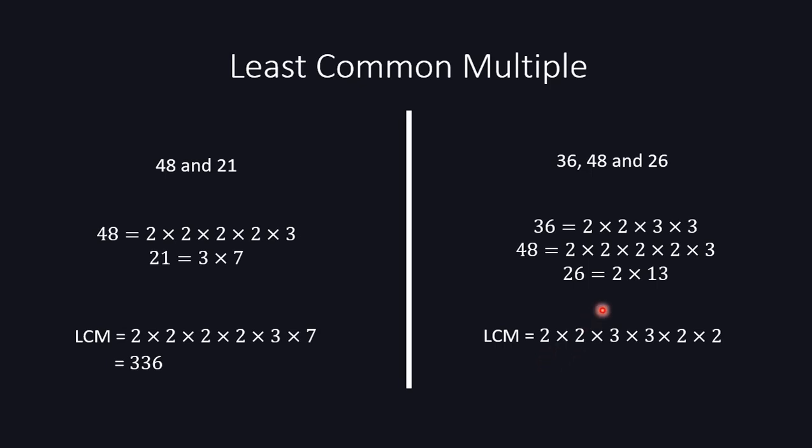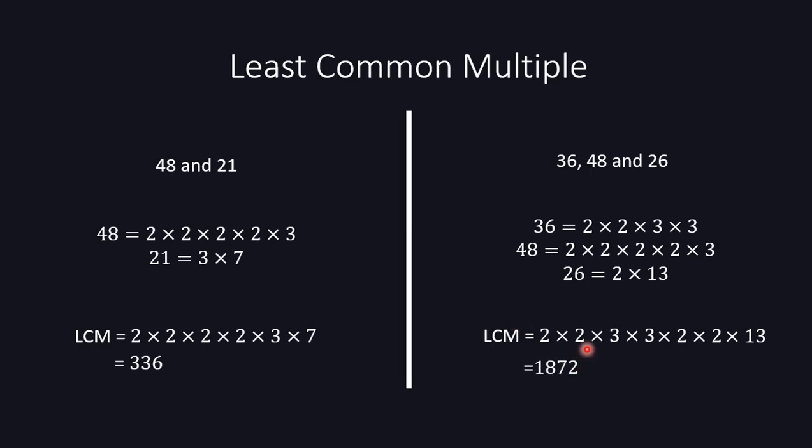Next, we're going to move on to the third remaining number. So this number is a product of 2 and 13. 2 has already been written over here 4 times, and therefore I need not write it. And I'm just going to write 13, which has not been written over here even once. So I'm going to multiply this number by 13, and the answer that I'm going to get is going to be the least common multiple.